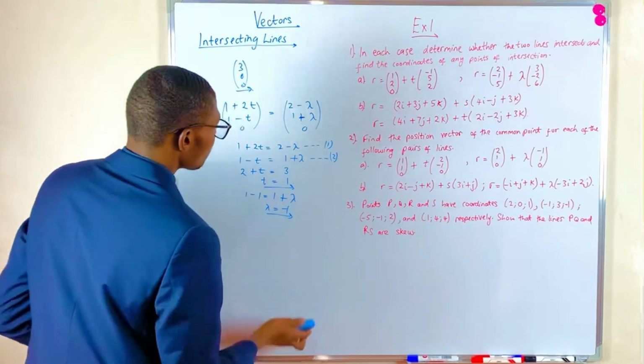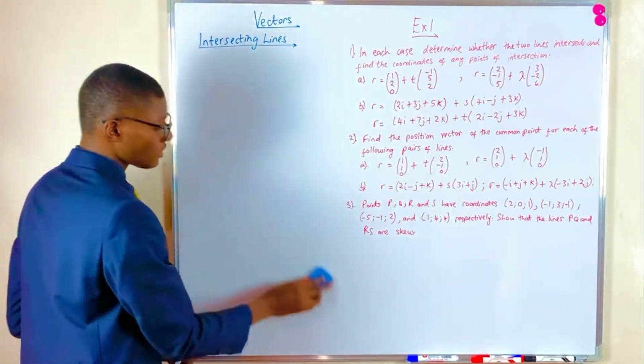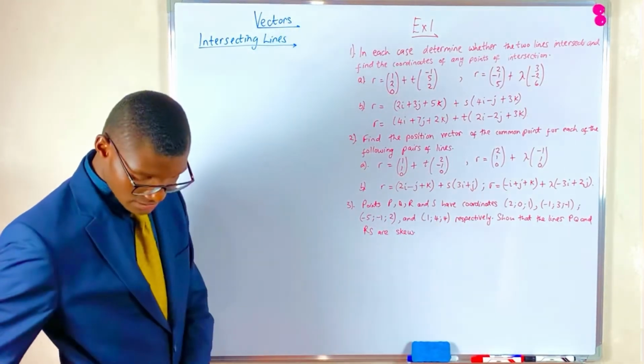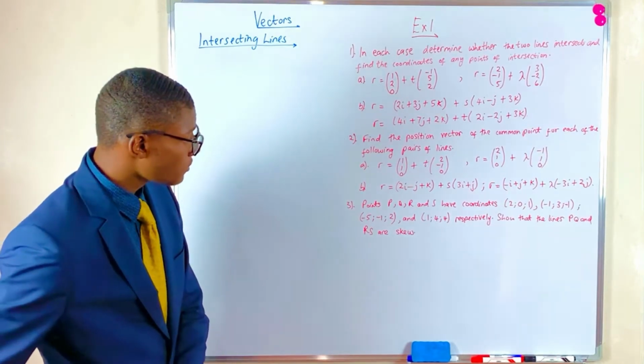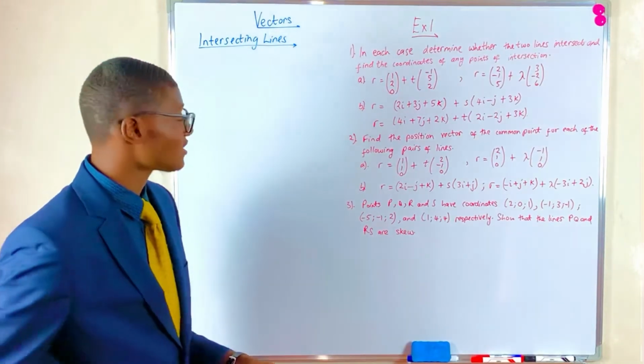And now moving on to part B. Now moving on to number 2b. For number 2b, we've got this in unit vector notation.